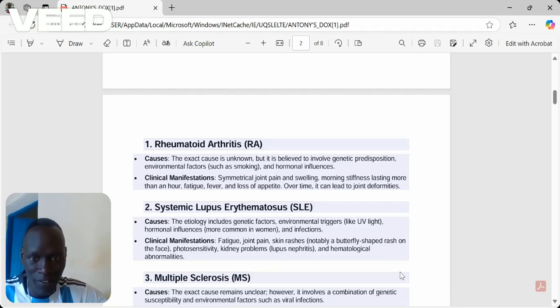The clinical manifestation of RA is systemic joint pain, swelling, morning stiffness lasting more than an hour, fatigue, fever, loss of appetite. Over time, it can lead to joint deformities.